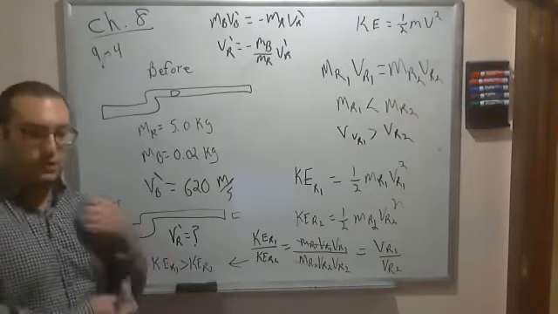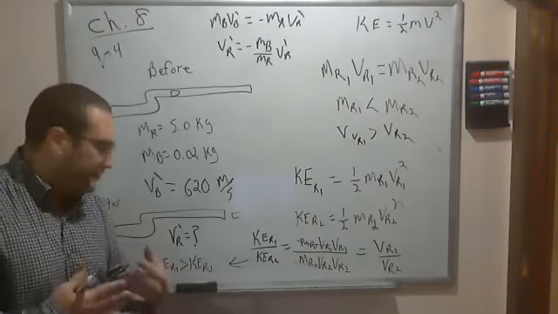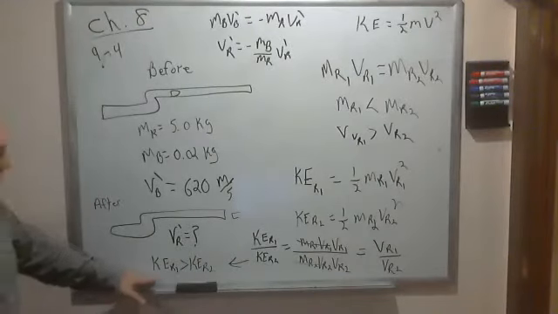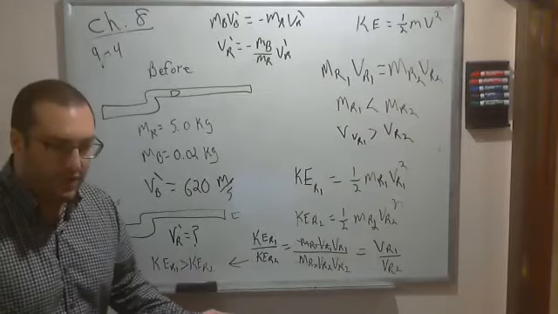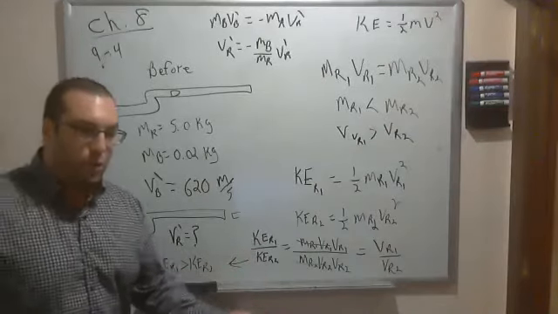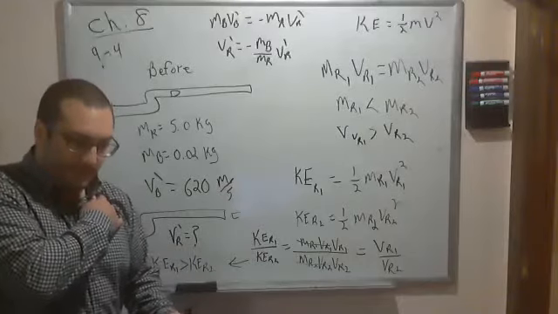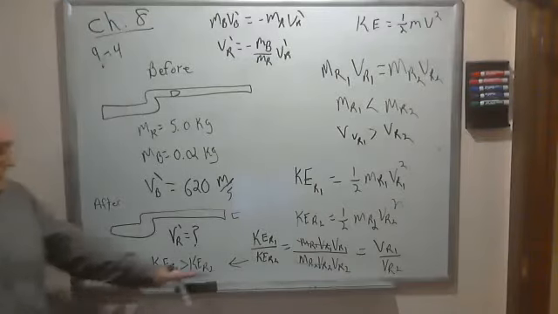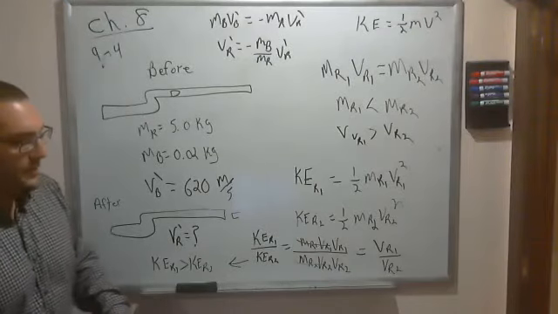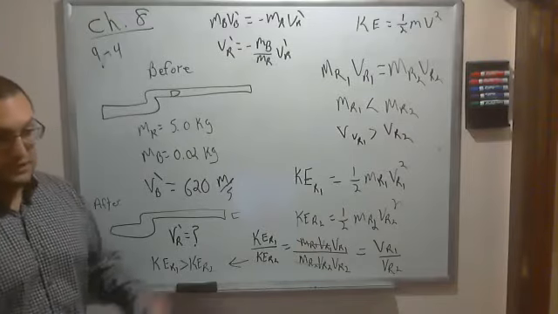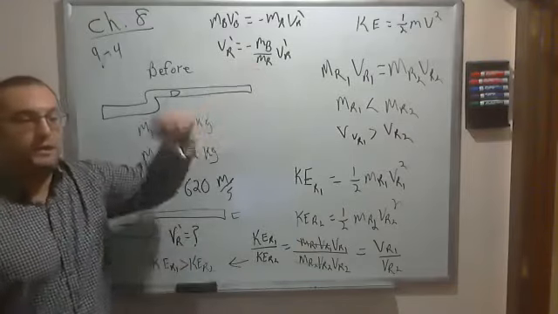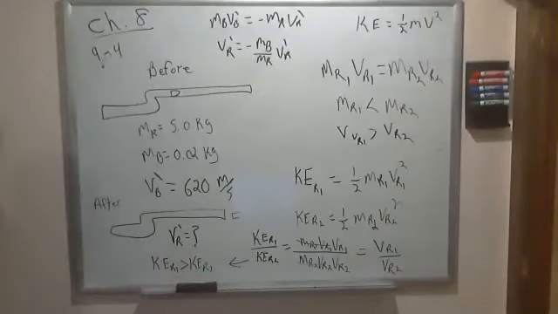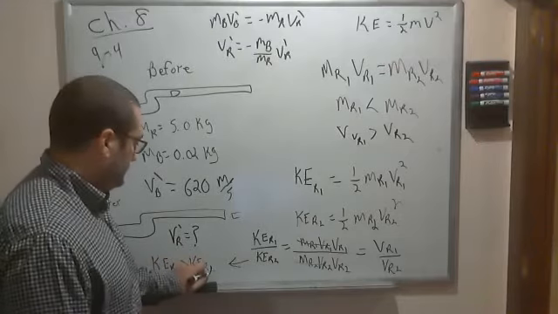Because remember, when you're slowing it down, you're stopping that rifle using your shoulder, the kinetic energy goes to 0, right? So you can figure out the work that the rifle does on you, and it happens to be less, right? So this means that it will push you back less. Even though for the change in momentum you'll have to apply the same force, it'll do less work on you, right?